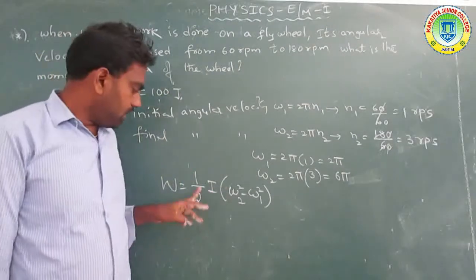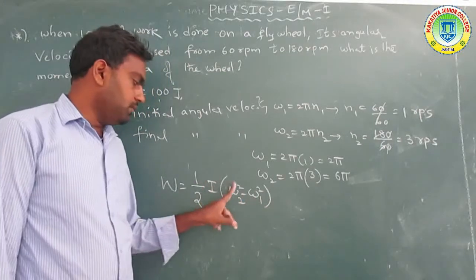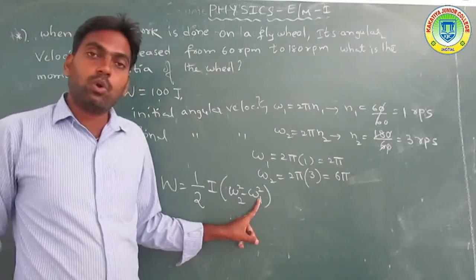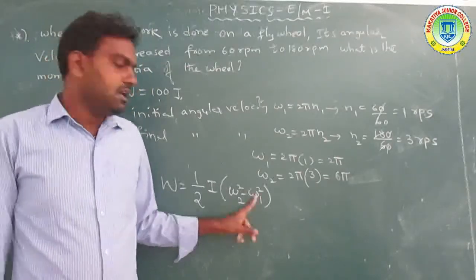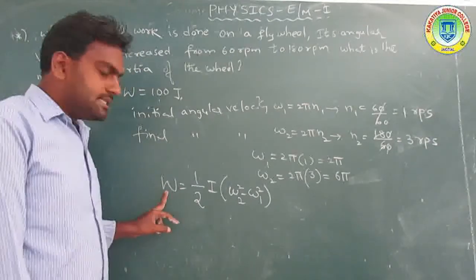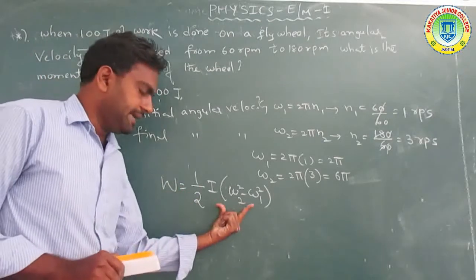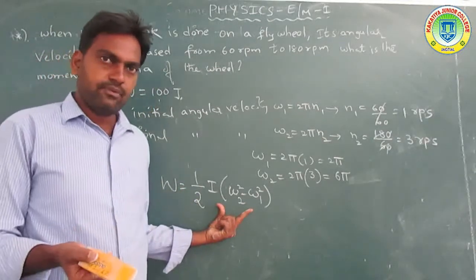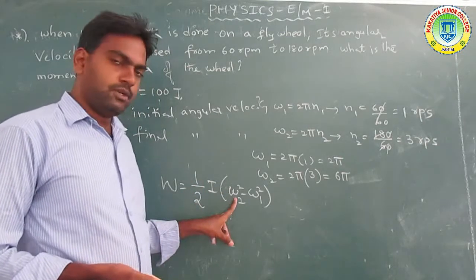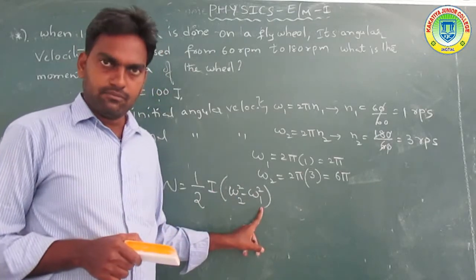So we can write the direct equation: W, the total work done, is equal to the change in kinetic energy, which means the difference, half I omega 2 square minus half I omega 1 square.